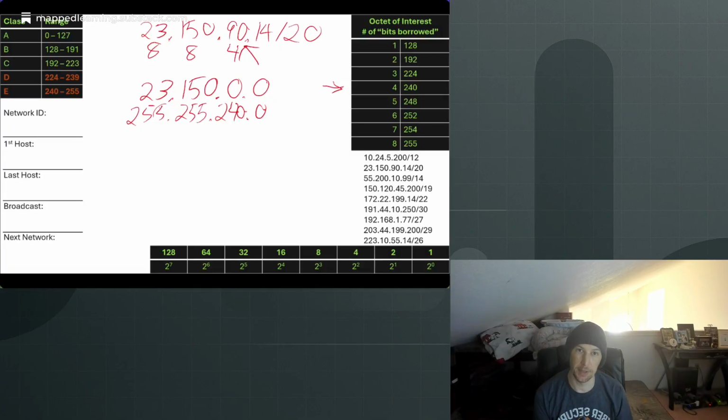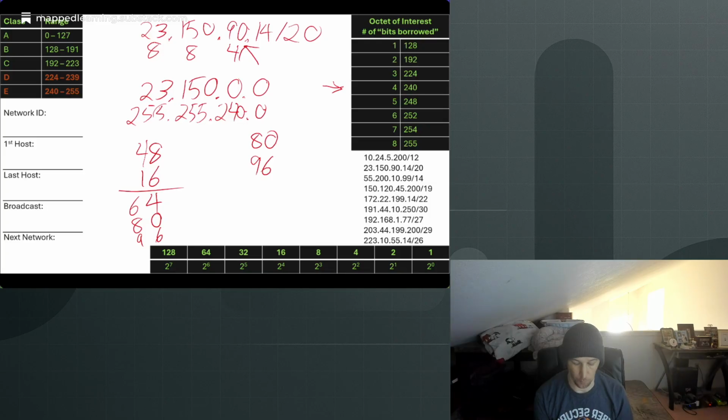So this is where the division and addition comes in handy. 16, 32, 48, take 48 plus 16, that's 64. And then 16, that's 80. And then 96. Okay. So 90 is between 80 and 96.